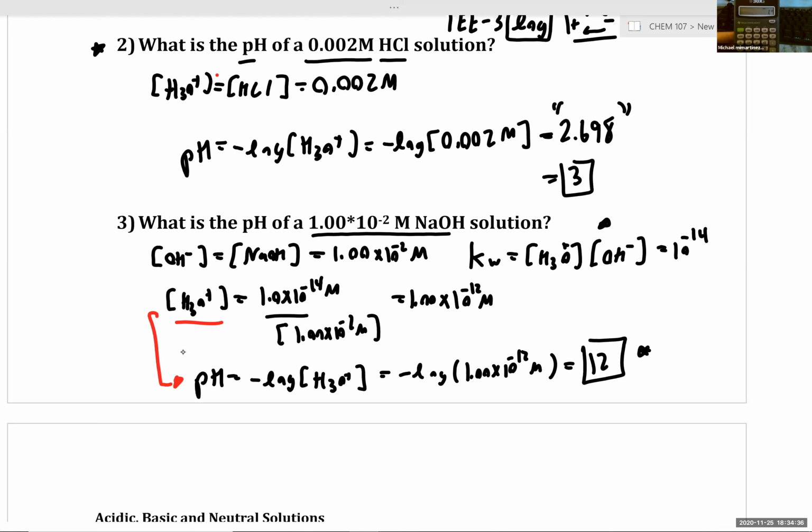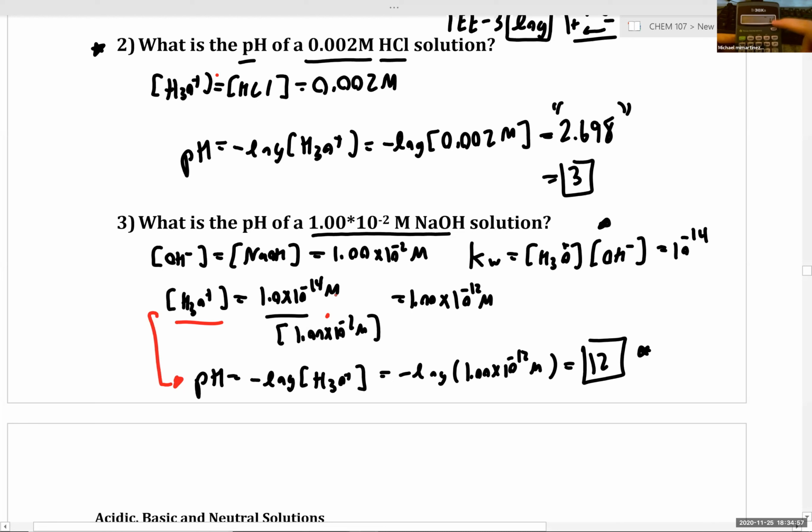Then we're going to divide by this 10 to the negative second term. So we divide by 1 EE negative 2, and we close our parentheses and hit the equal sign. And you should get 1 times 10 to the negative 12th.